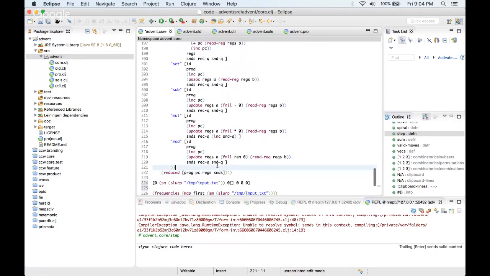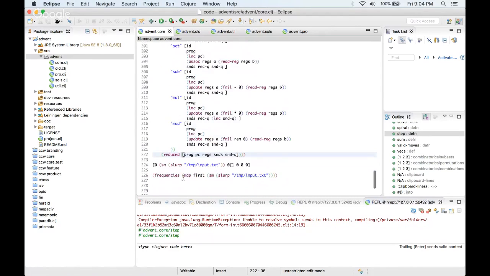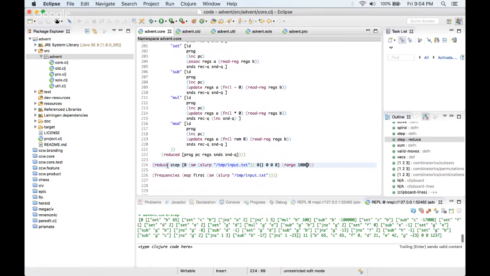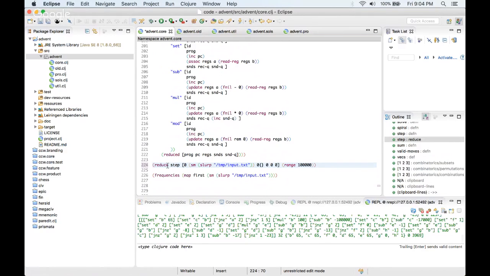Okay, but then we definitely want to make sure that we emit this thing. All right. Okay, define this, and then reduce step, starting here, range, I don't know, 100,000. Something like this. Okay, let's just turn this off.